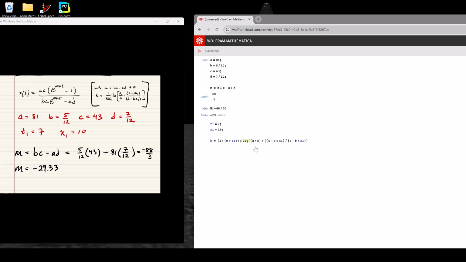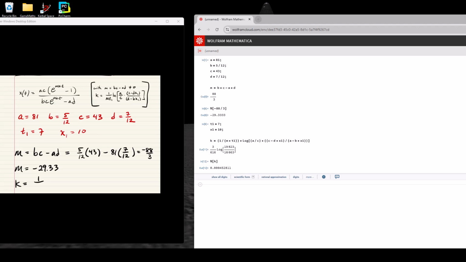So that's k, and I'll just hit Shift Enter there. I forgot to close the bracket there, so Shift Enter. And I would like a numerical value, so just say numerical value or just n for the value that I had before. So this is k.